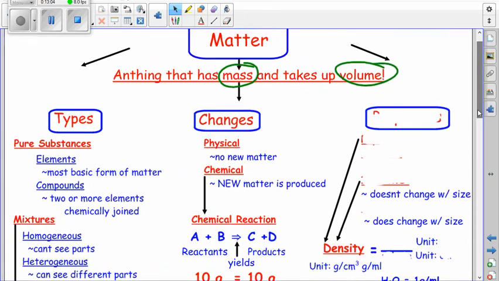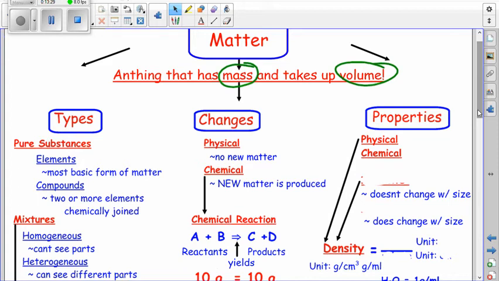All right, and we're back up here on the final side. So we had types, we had changes, and we had properties, okay? So we had physical and chemical properties. Hey, give me an example of a physical property. Yep, I can find out the mass of something without changing what it is. Like if I had a scale right here, here's a cup.